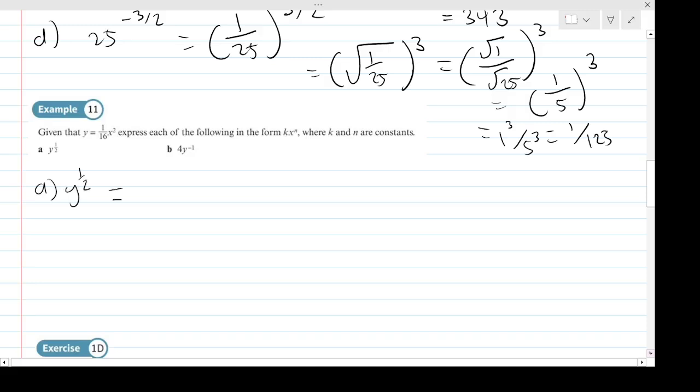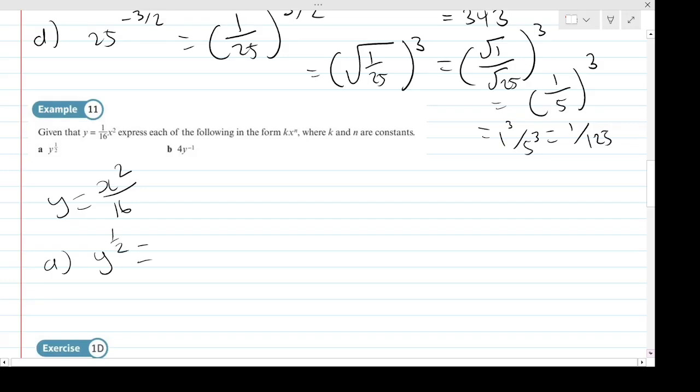Well, I think probably the best way to write y is going to be x squared over 16. So we literally make it clear x squared is the numerator and 16 is the denominator. And I think that might make things a little bit clearer when we take indices.